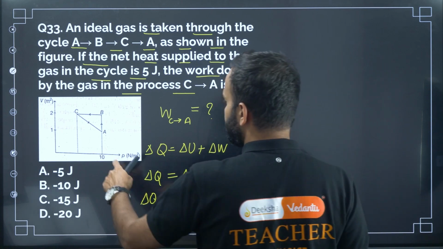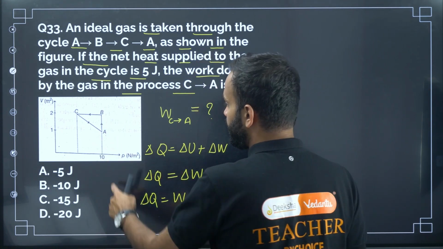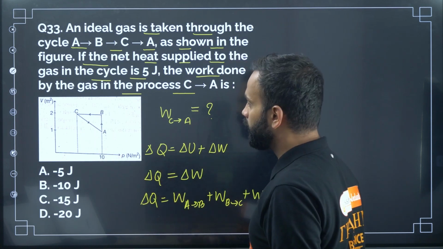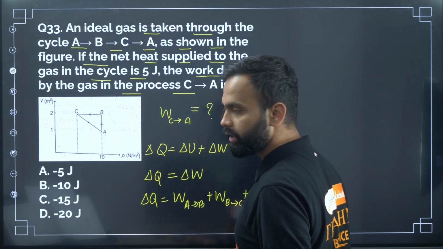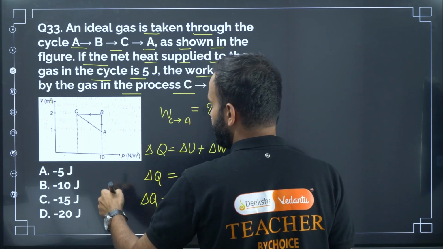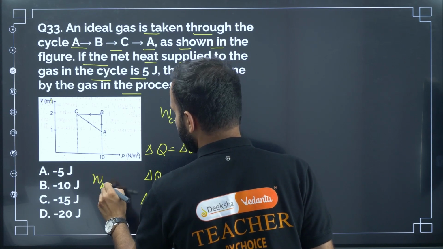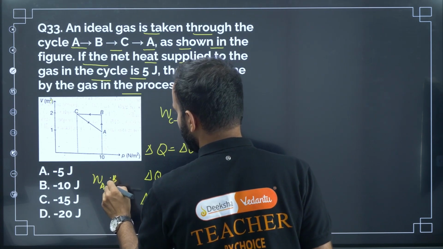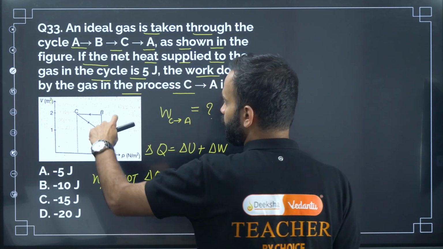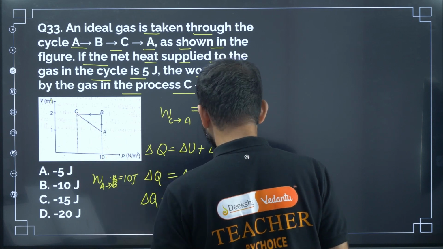What is the work done by the gas from A to B? That will be 10 joule, since pressure is 10 and the change in volume is 1 meter cube. From B to C, the work done is 0. For C to A we need to find.